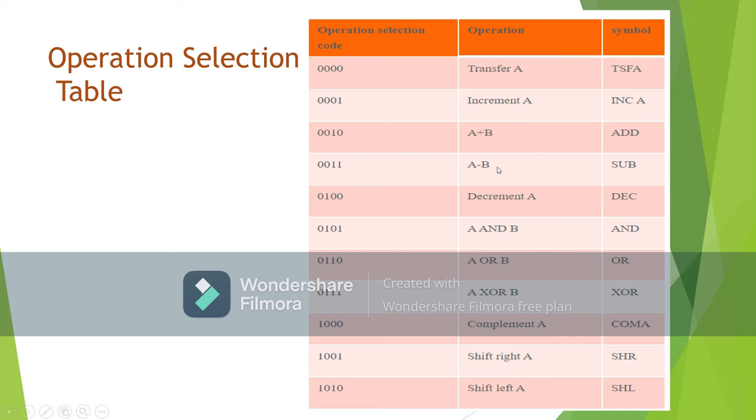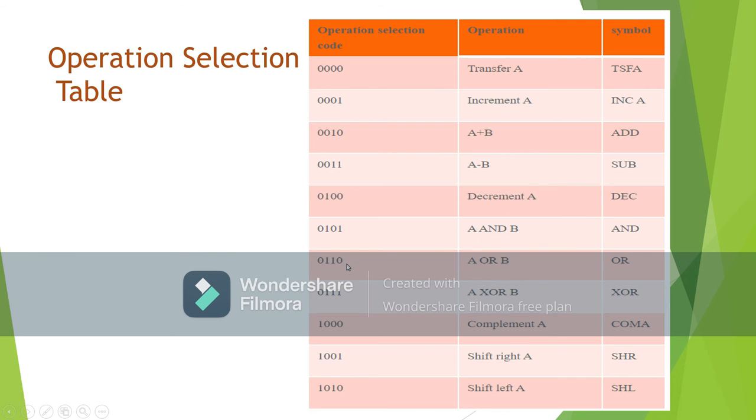0011 will select the subtraction operation, so subtraction will be performed, A minus B. 0100 is the decrement operation, so it will decrease the value of A. Whatever is there in the A will be decremented by 1. Then next is 0101. It performs the logical operation, that is logical AND.